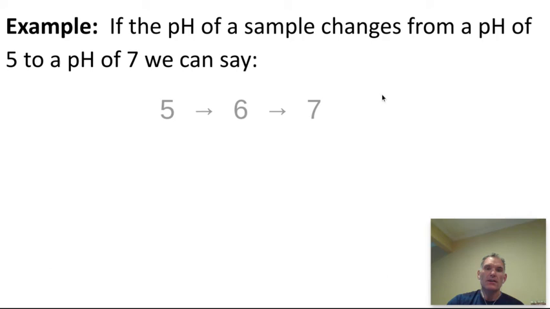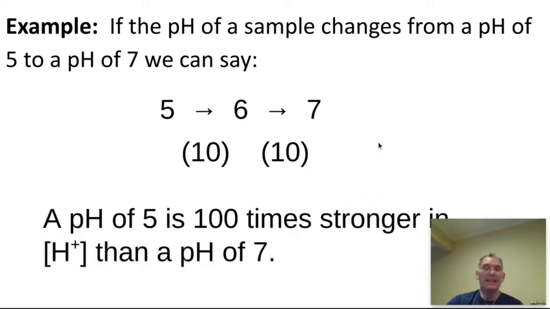What that means is, as I analyze a solution with a pH of 5, and I transition to a pH of 6 or a pH of 7, that's a 2-number change. That means 5 to 6 changes by a factor of 10, and 6 to 7 changes by a factor of 10. So I understand that it's 10 times 10 tells me the strength of the ions in solution.